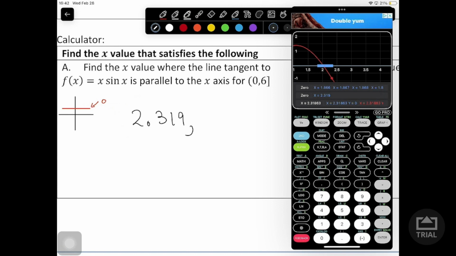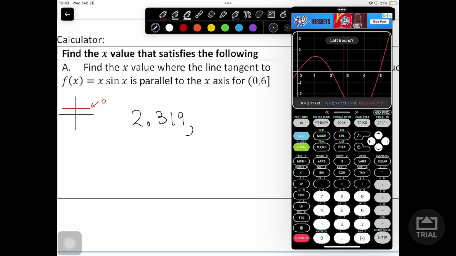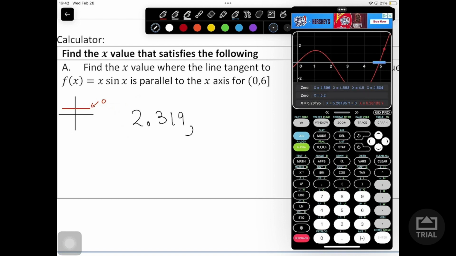Now let's move over to the second value. We're going to do second, trace, zero, move it all the way across to right around there, press enter, keep on moving it, press enter, and our second point is 5.201.